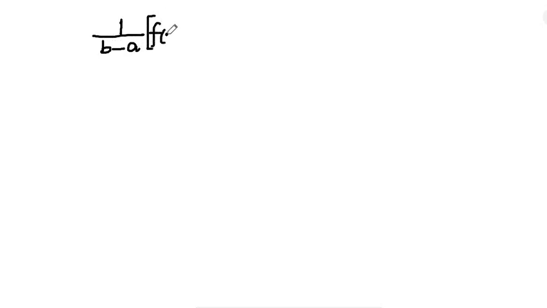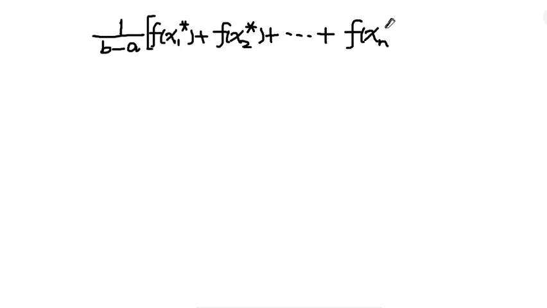We have f(x1*) plus f(x2*) plus f(xn*) times delta x. And what does this mean? That is the average of the n function values, right? Which is the sum of all those n function values divided by n.